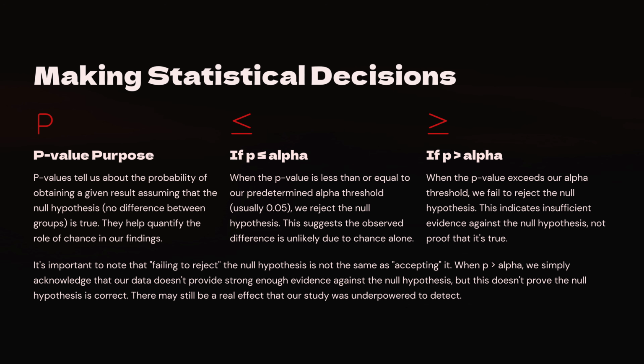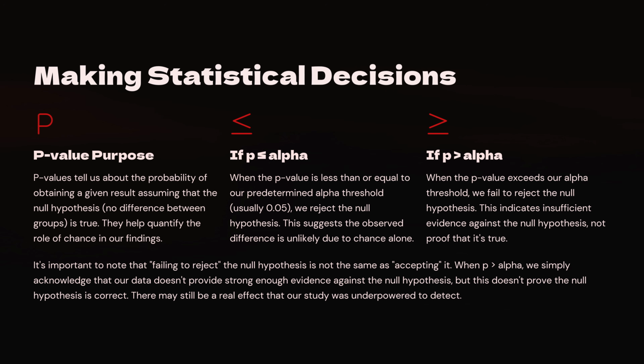So to put it another way, again, the p-value tells us about the probability of obtaining a given result, assuming that the null hypothesis is true. So it's the probability that you got the result in your study is 0.05 or less, so 5% or lower, assuming the null is true. Okay, so it helps us to rule out, again, random error creeping its way in there and giving us a false positive.